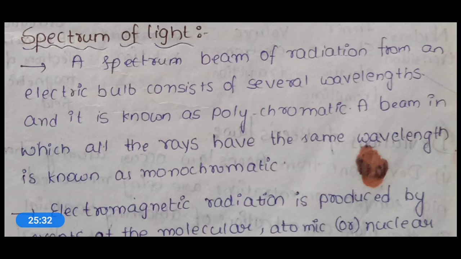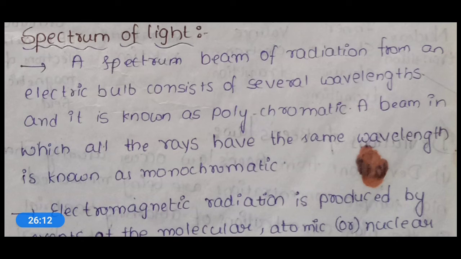If you are carrying out UV spectrophotometry, then you require a UV bulb. If you are carrying out another kind of spectrometry, then you require the source essential for that particular spectrophotometry. So we'll take different kinds of light sources based on the type of spectrophotometry we are going to carry out.